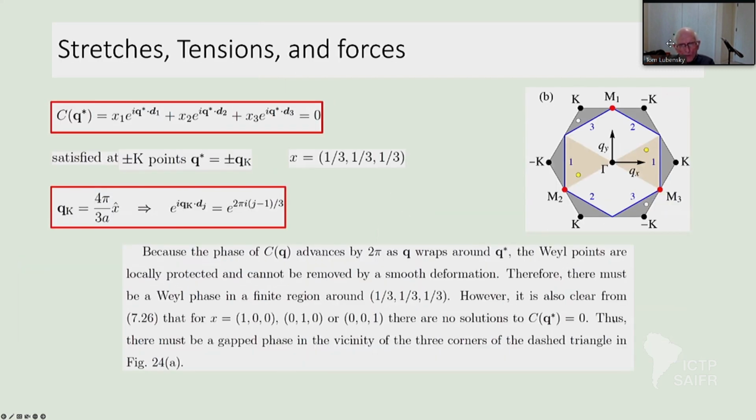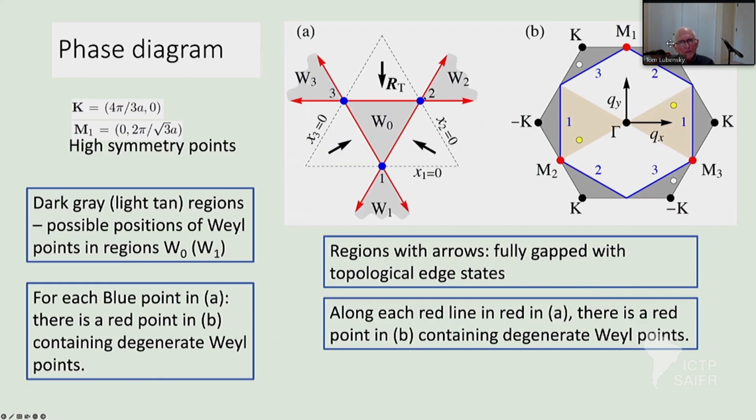What that means is it is clear that for these there are no solutions, and there must be a gapped phase in the vicinity of the three corners of the dashed lattice. So because we have a 0 here that doesn't have any of the Weyl modes, we must have a finite region around it, and that foretells the existence of these polar phases that have a quote dipole moment.